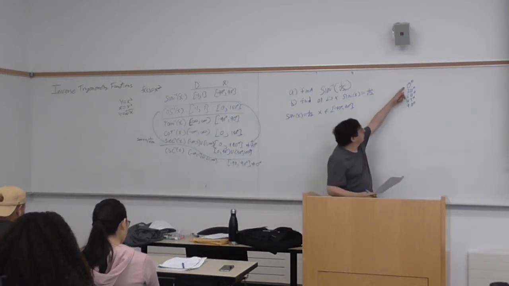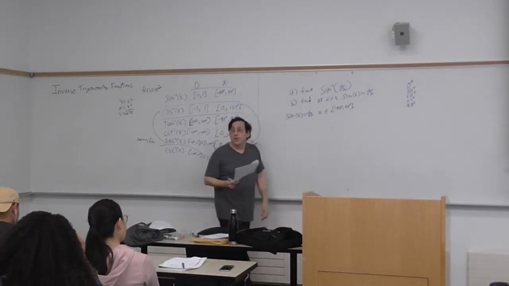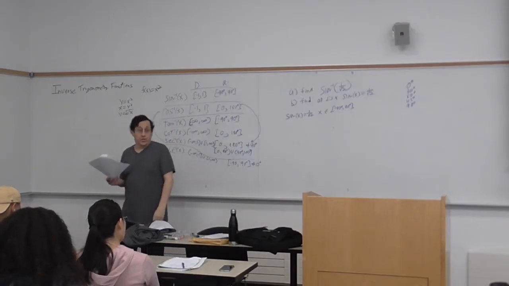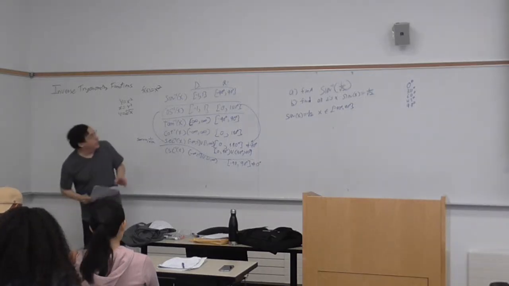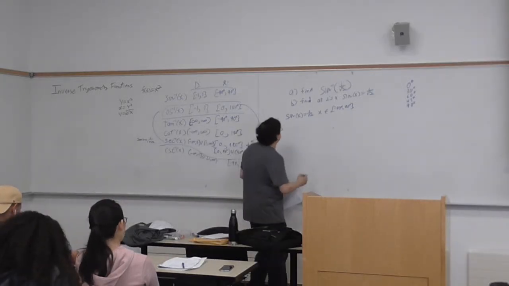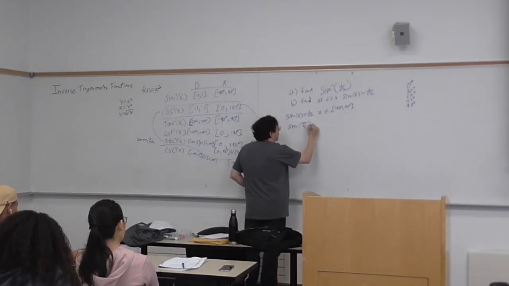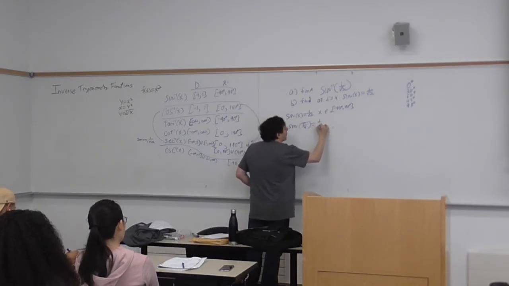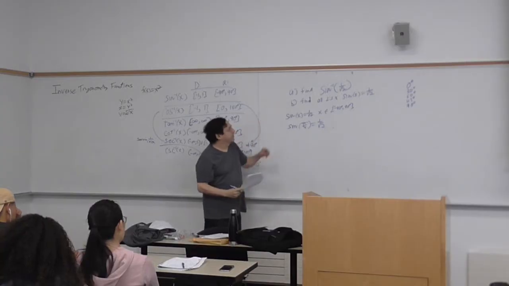So the sine of which one of these is this? This you need to know. Pi over 4, or 45 degrees, yes. Sine of pi over 4 is 1 over the square root of 2. So that's the answer to A.